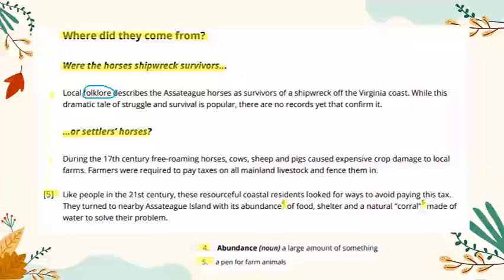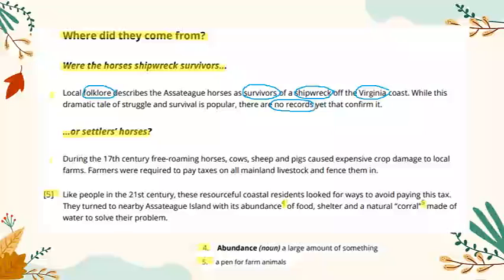Local folklore describes the Assateague horses as survivors of a shipwreck, wow, off of the Virginia coast. So this is the Virginia section and not the Maryland section. While this dramatic tale of struggle and survival is popular, there are no records yet that confirm it. All right, so no records, which goes along with the fact that it's actually folklore too.